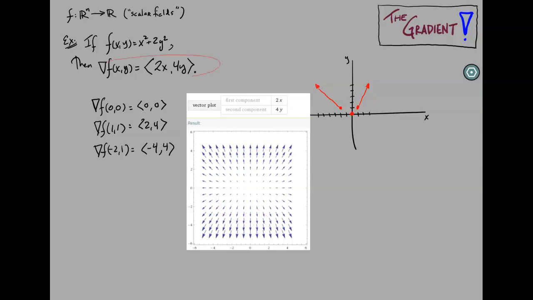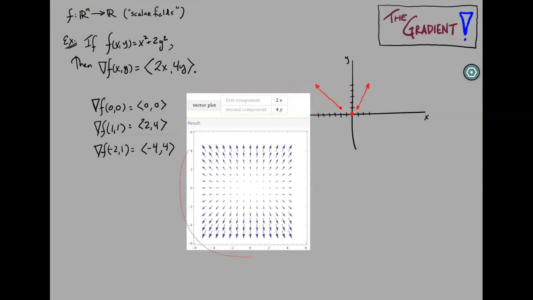The more complicated the vector field is that you're plotting, and this one is very, very simple, the more complicated a picture you will get. Though sometimes with even very simple ones, you can get pretty interesting pictures. But as I say, that's not really the topic we want to discuss today, except inasmuch as I want to remind you that the gradient of a scalar field like this actually is a vector field.